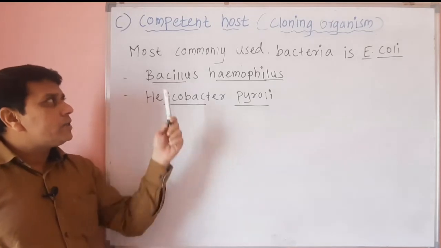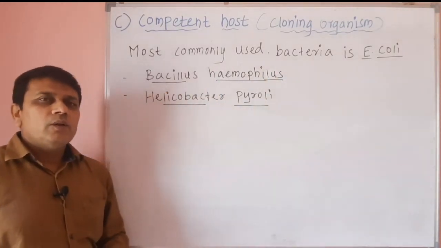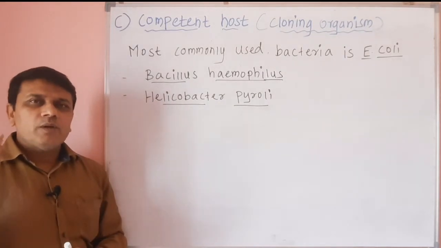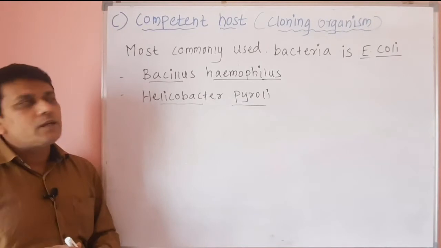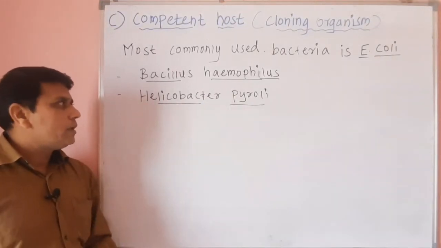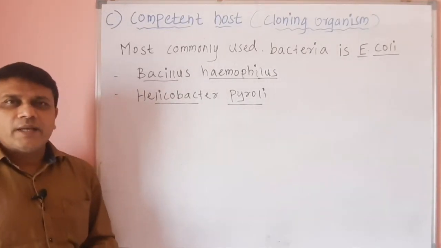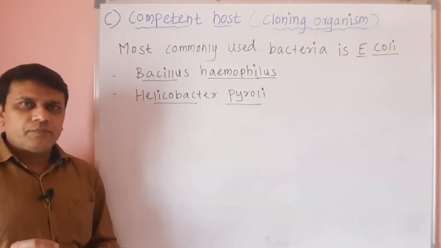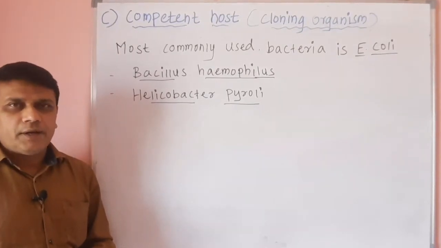The bacterium which is commonly used is Escherichia coli. So there is maximum use as a host of the bacterium Escherichia coli. Then bacteria like Bacillus, Haemophilus, and Helicobacter pylori are also used as hosts for the transformation of recombinant DNA.